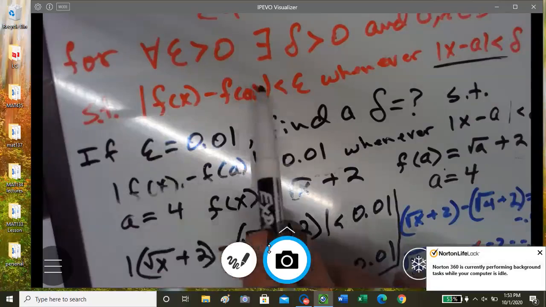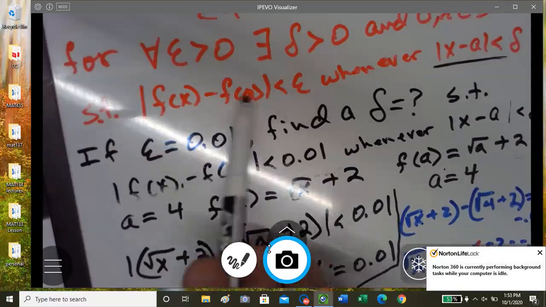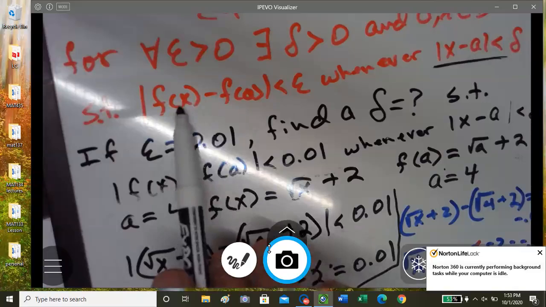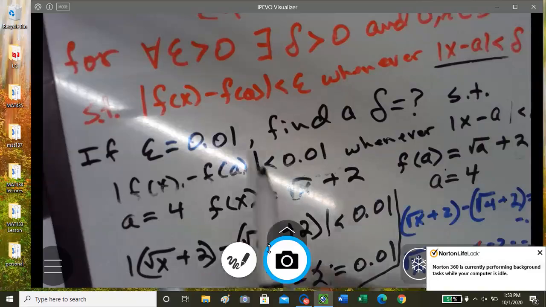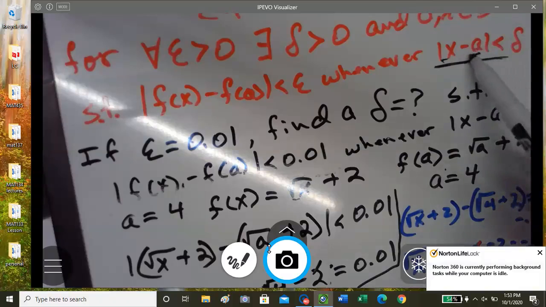So first we used the epsilon, the absolute value of f of x minus f of a is less than epsilon. Now we had to solve for x, for positive epsilon and negative epsilon. Now once we find out which one we're going to use, we can substitute in. We said before that a is 4.